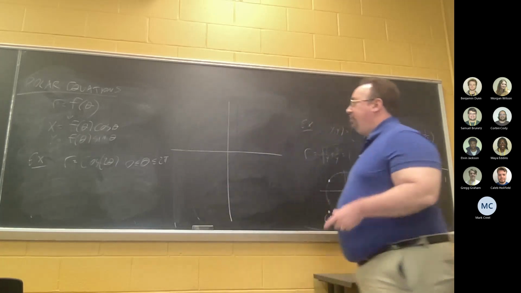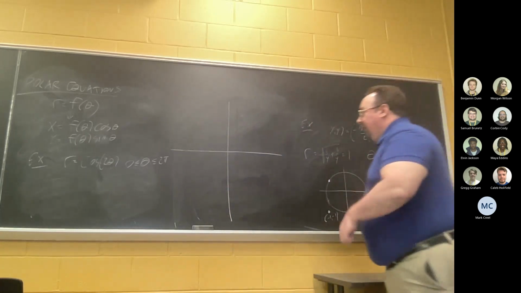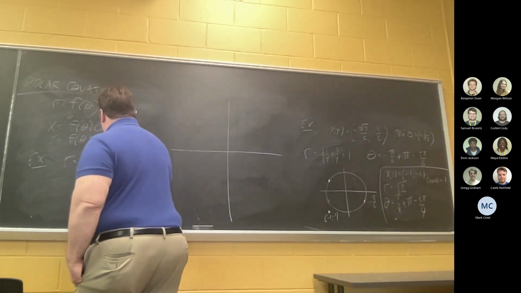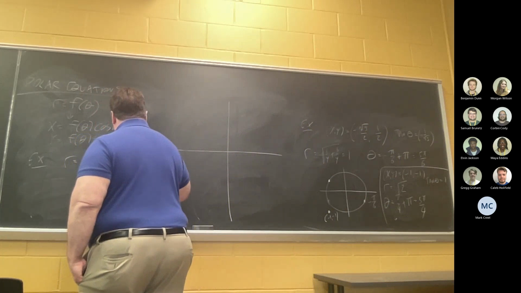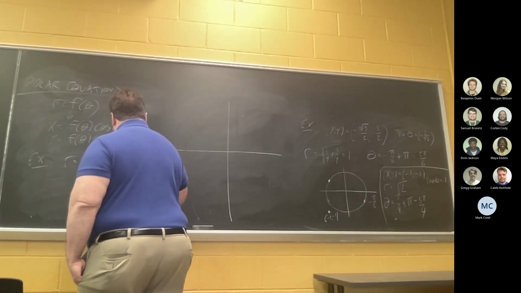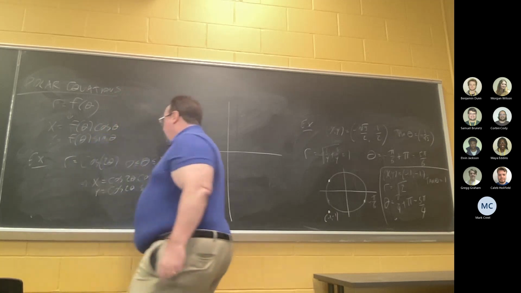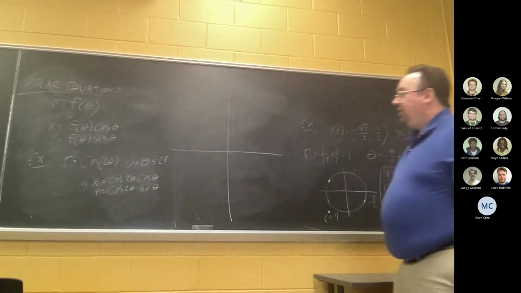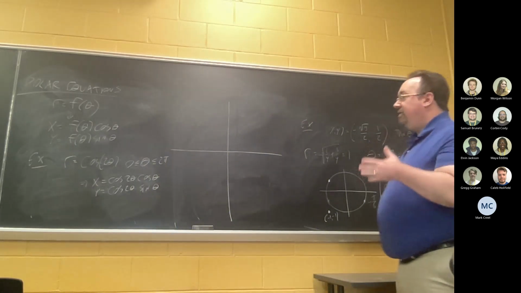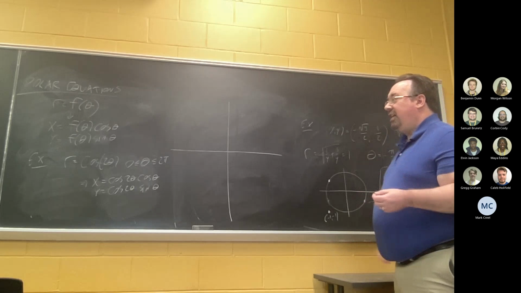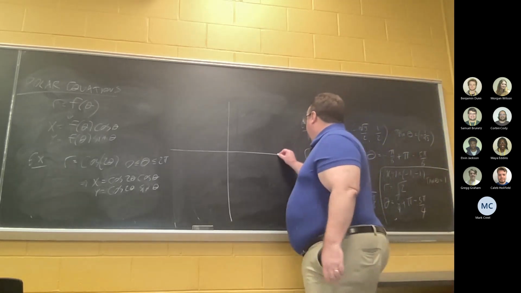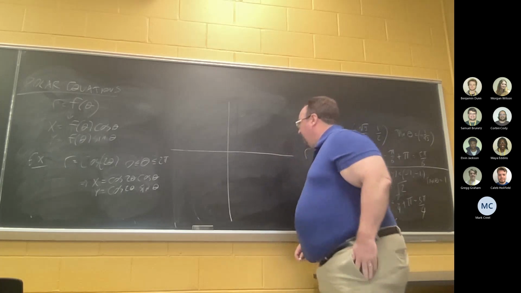You could just use the parametric equations I've written: x in this case would be cosine 2 theta cosine theta, y would be cosine 2 theta sine theta, and just plot x and y values. Or you can stick with polar coordinates, and for each theta, figure out the r value and then plot that distance. I'll show you that way to give you an idea of how it works.